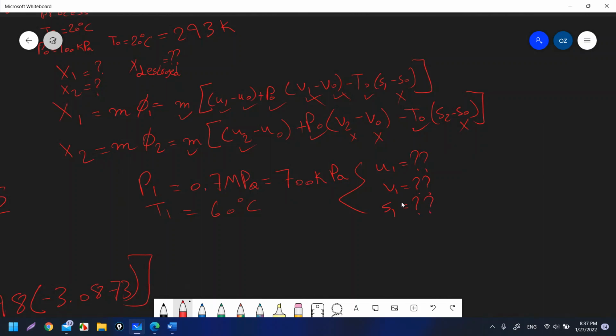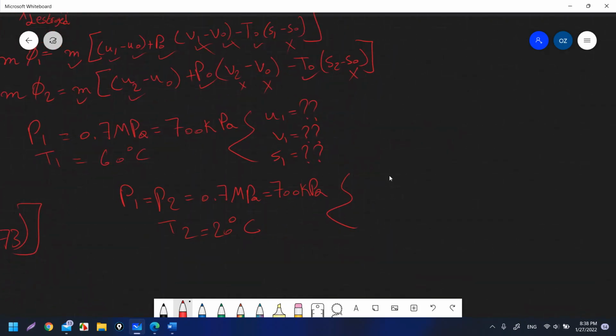Also, for the second state, we know that it is a constant pressure quasi-equilibrium process. So P1 equals P2, also 0.7 megapascal, equal to 700 kilopascal, and T2 is 20 degrees Celsius. So we can find U2, V2, and S2.